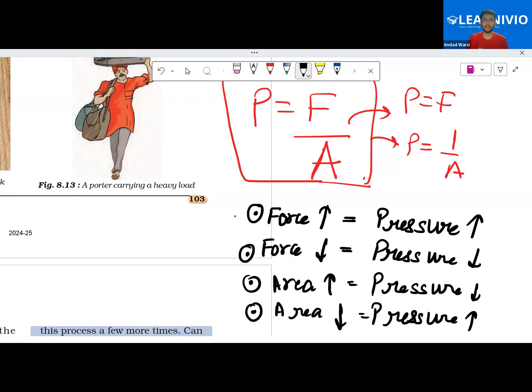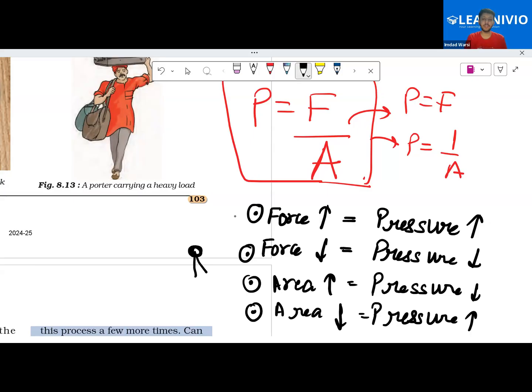Now you tell me, if I make you stand on an iron nail, will you be able to stand on it? No. Why? Because if this is the iron nail, let's suppose the area is very less, very tiny.